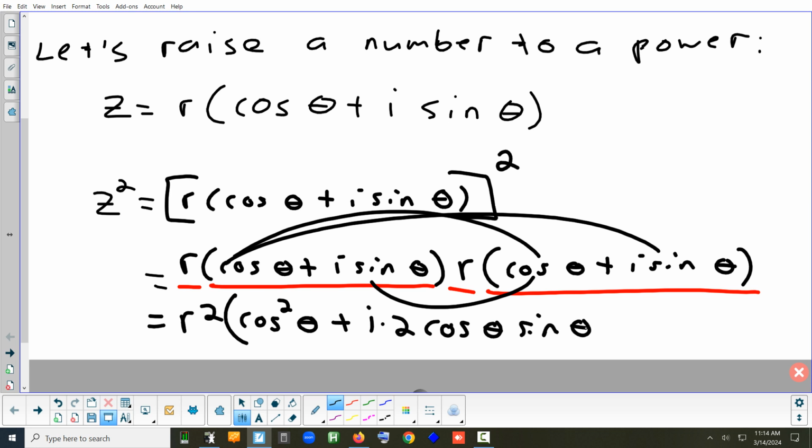And you'll see why I'm going to write it like this in a second. Just put it in a little different order so you might recognize something. And then I sine times I sine is what? That's a minus sine squared theta, when the I squared is changed to negative 1. So cosine squared.